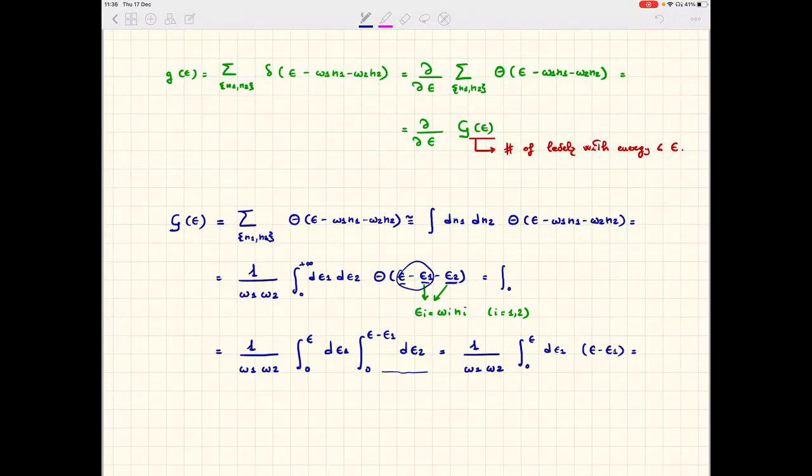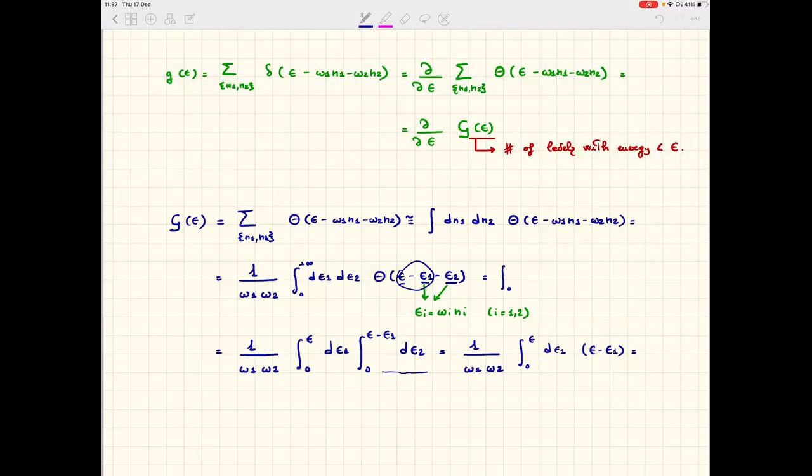This is written up here. And second, epsilon minus epsilon 1 has to be positive. And therefore, epsilon 1 has to vary between 0 and epsilon. Right? So you agree with me?